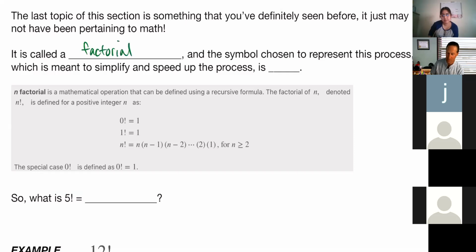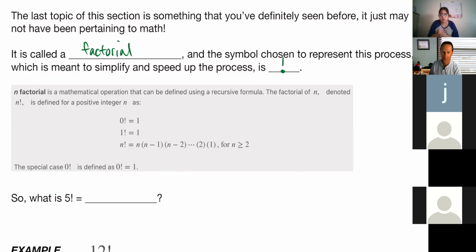And it doesn't mean we are just so excited and we said, hi, 5. All right. It literally is a symbol for us to do something that we ended up having to do over and over again. So the symbol that they chose to represent this process is the exclamation point.